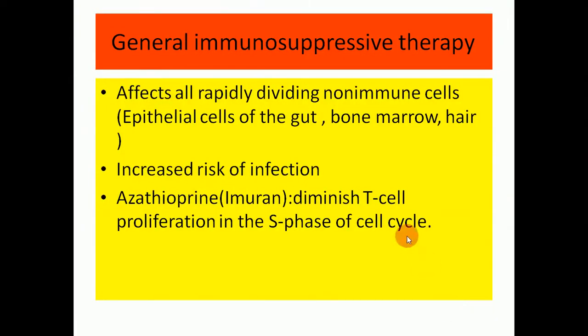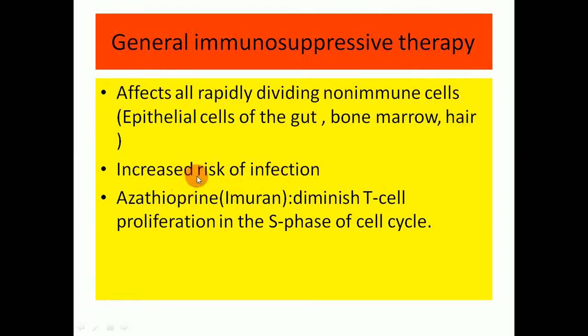So in order to prevent the rejection, we use immune suppressive therapy, which is chemotherapy, and this suppresses the immune response, and also affects rapidly dividing non-immune cells like epithelial cells of the gut, bone marrow, and hair follicles.